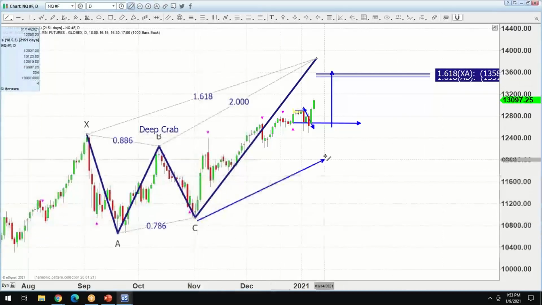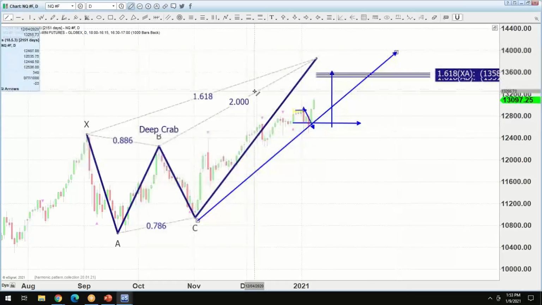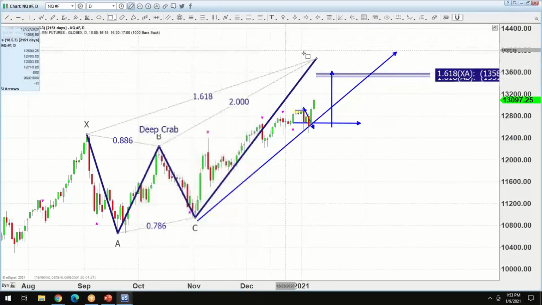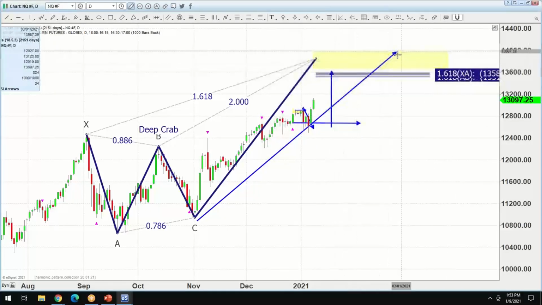This gives us direction, and also gives us an idea of location because it's a deep crab. I've talked about this in our gold member sessions, and I really emphasize that people should be attending those sessions because the markets are moving so quickly that we will reach above that PRZ based on the fact that RSI is lined up.